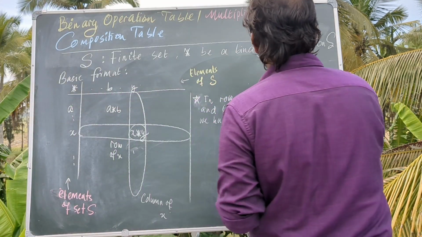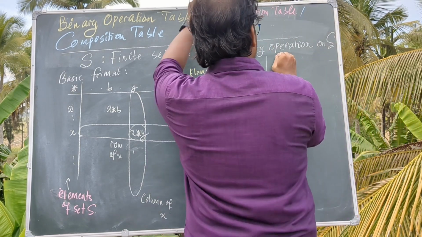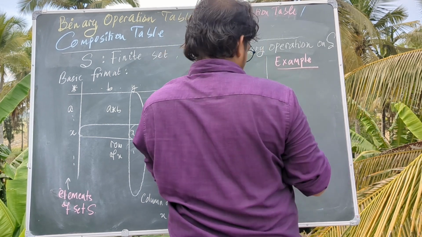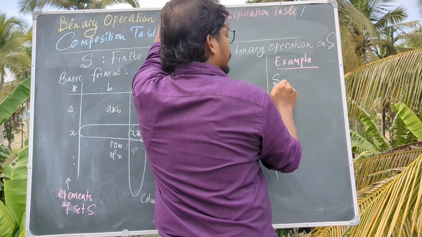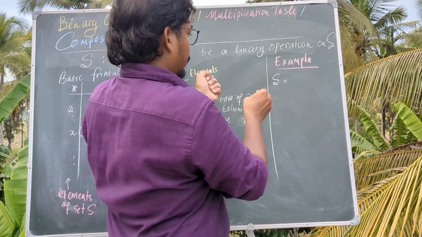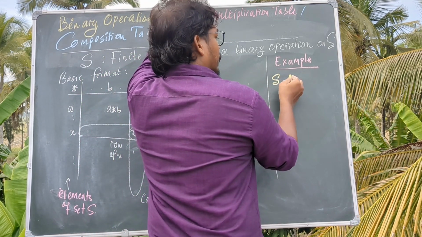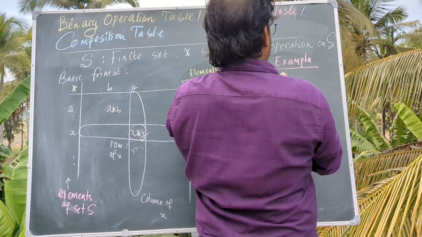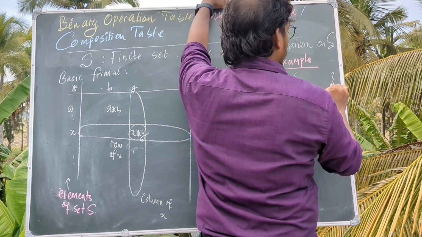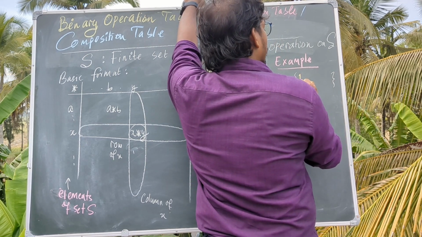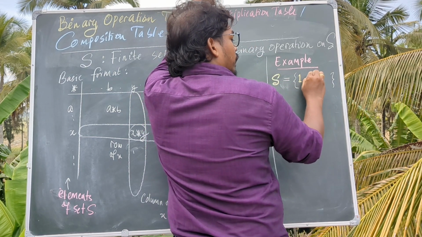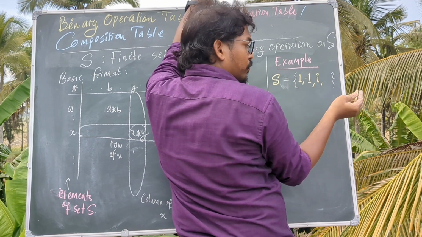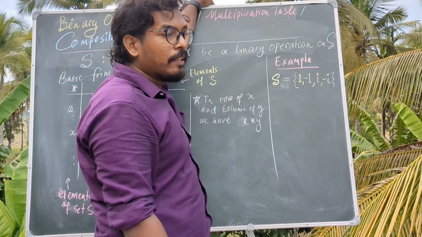Let me make an example here. Suppose we have a set, our set is S. Let me make it a colorful set. The set contains 1, minus 1, i, complex i whose square is minus 1, and minus i.